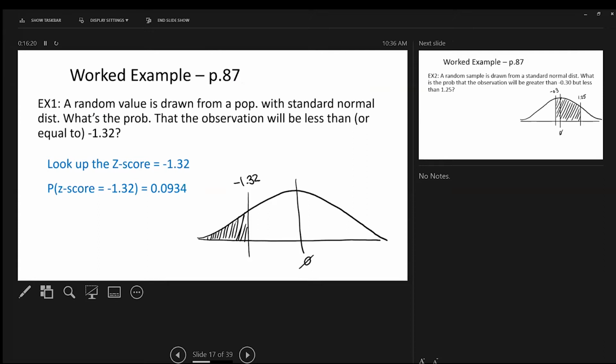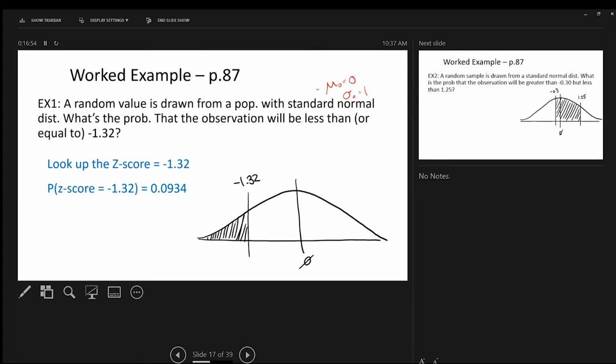On page 87, there's a worked example. So a random value is drawn from a population with standard normal distribution. I'm telling you that the population has a standard normal distribution, which means that it has a mean of 0 and a standard deviation of 1. That's what that means. Standard normal distribution, mean equals 0. Standard deviation equals 1.